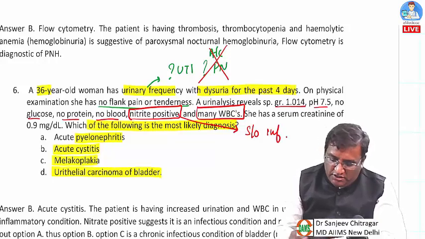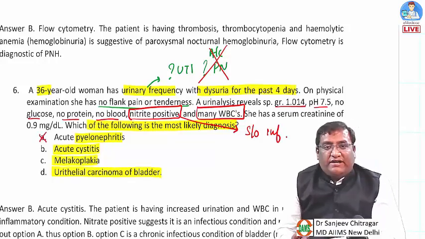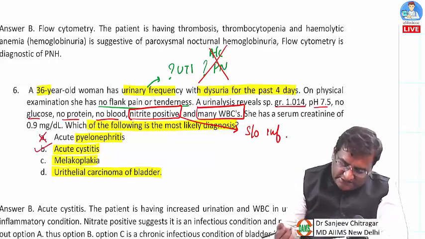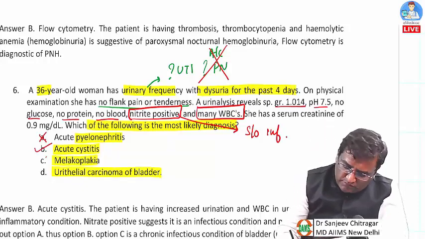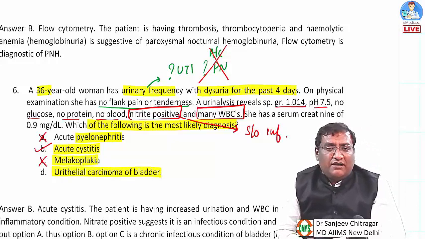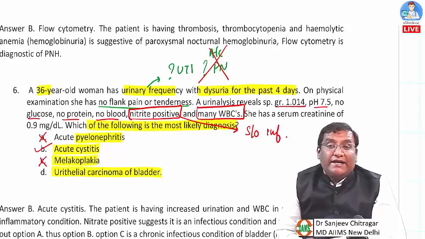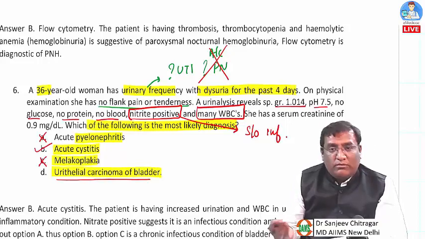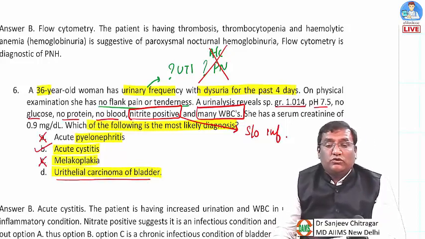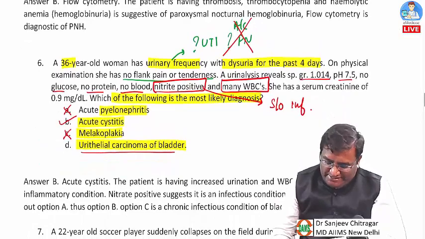That is not given, so it is not acute pyelonephritis. The answer is acute cystitis, which is a part of urinary tract infection. It is not malakoplakia, a chronic condition where Michaelis-Gutmann bodies will be seen, and definitely not urothelial carcinoma, which should have more hematuria in the urine examination.